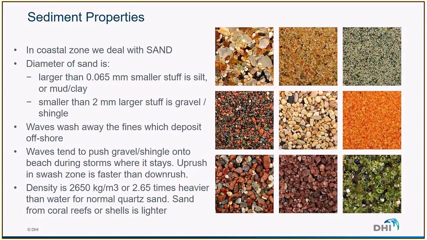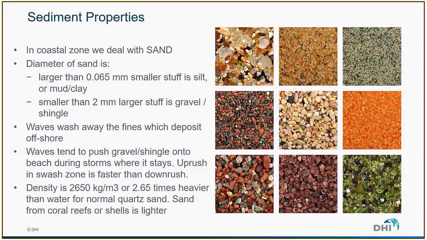In the coastal zone, we usually deal with sand, which is typically defined by grain sizes that are larger than 0.065 millimeters and smaller than 2 millimeters. We usually deal with sands because the finer grains are very often washed away by the waves and deposited in the more offshore and calm areas.